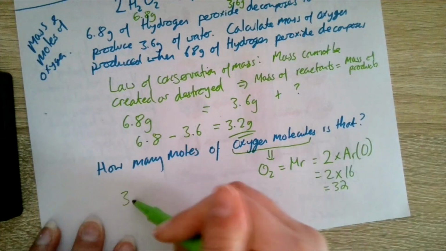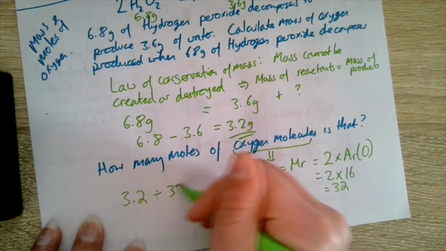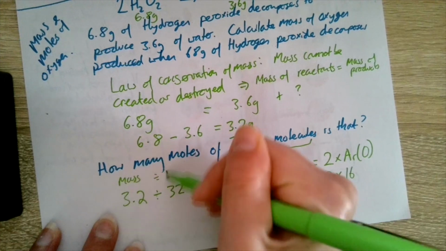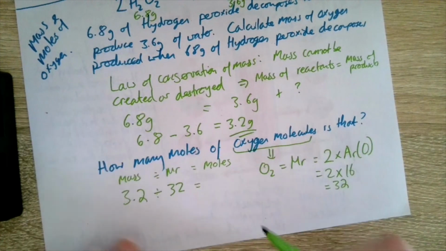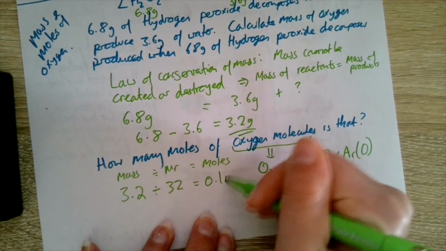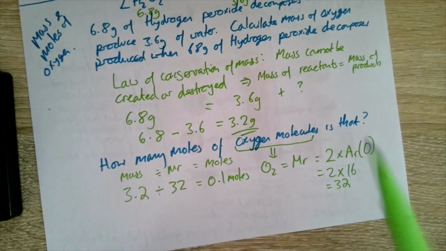So then we're doing 3.2 divided by 32, as that's our mass divided by our Mr to give us our moles. 3.2 divided by 32 is 0.1 moles. You still get the mark so long as you have divided by 32.